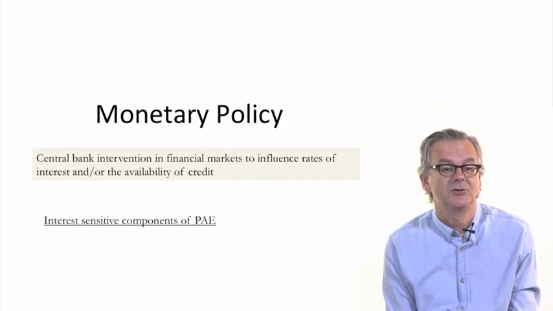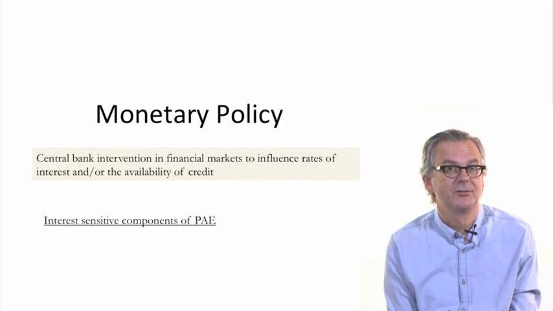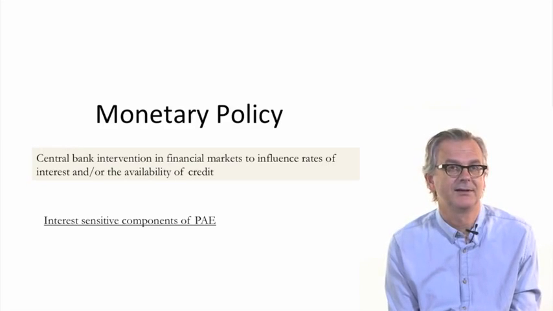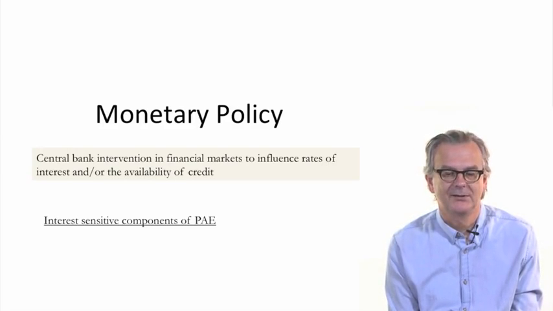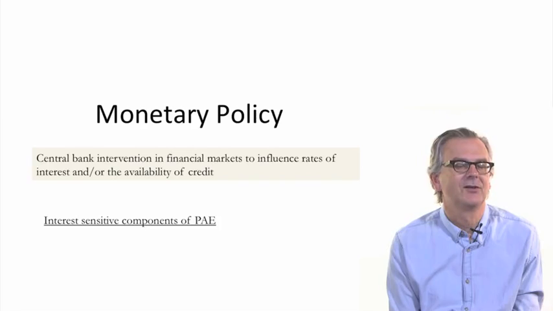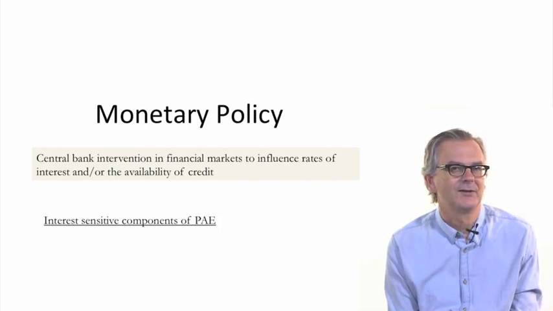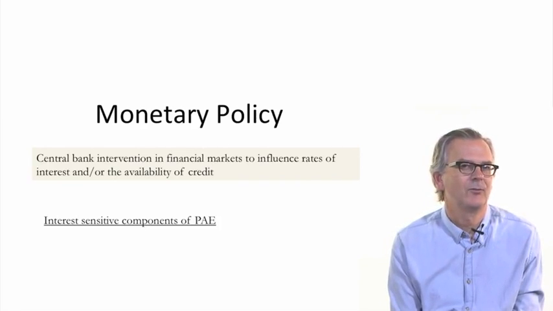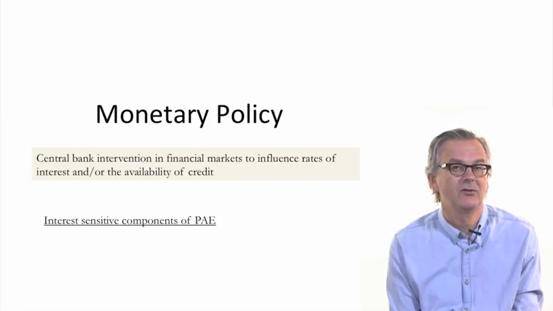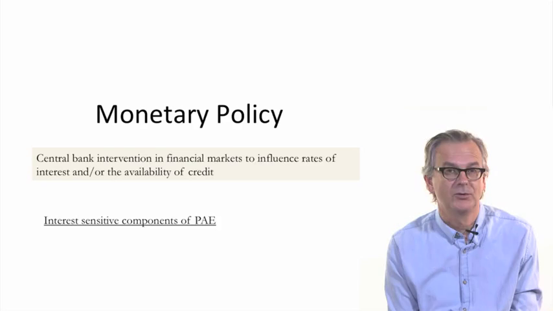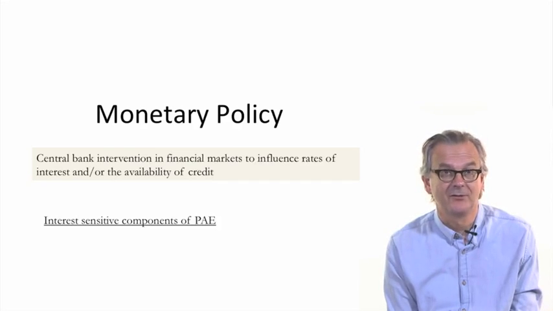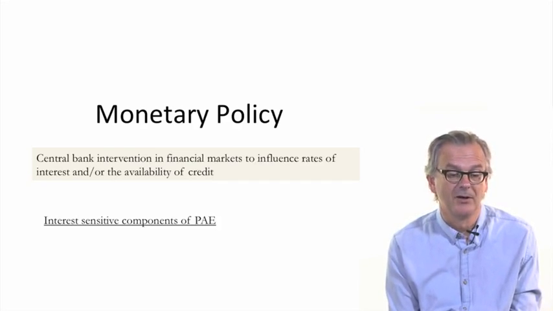I'm not going to talk so much about how central banks can influence rates of interest. We'll actually touch a bit on that in a later lecture. For the purposes of this lecture, let's just take it as granted that central banks have the means or mechanisms to influence rates of interest generally in the economy.